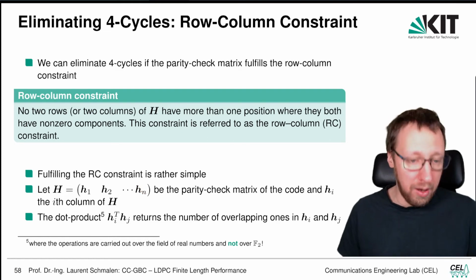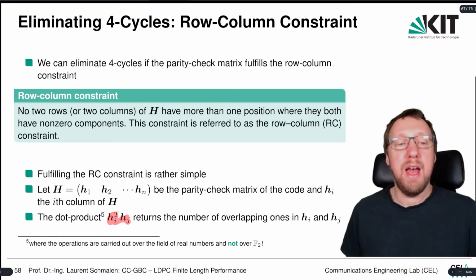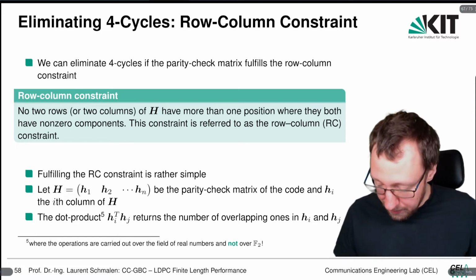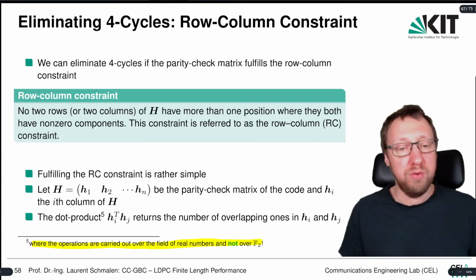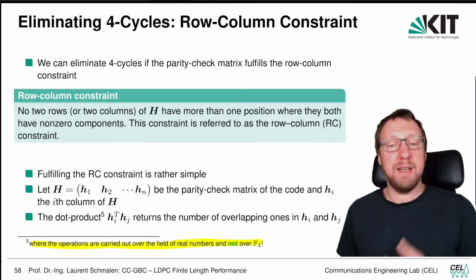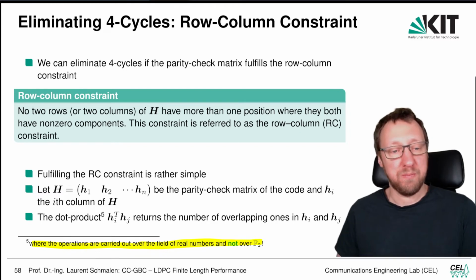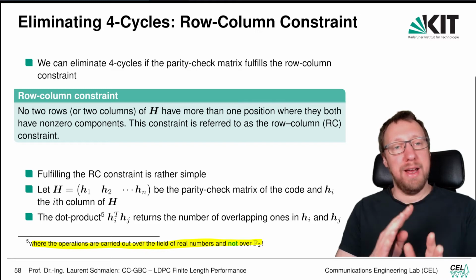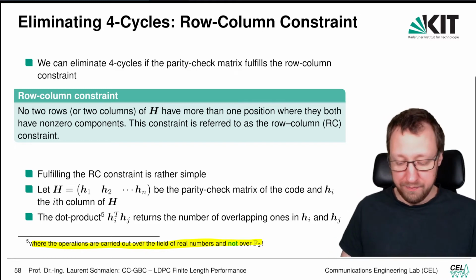Then we calculate the dot product h_i transpose times h_j, and the operation is done over the real numbers, this is important. It's done over the real numbers and not over the field F2. That gives us the number of overlapping ones in h_i and h_j. So we just calculate the dot product of all the combinations of h_i and h_j.